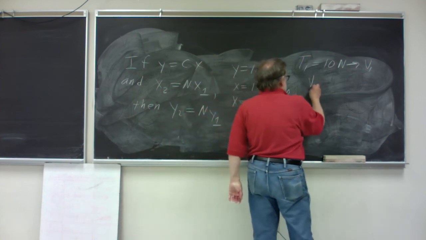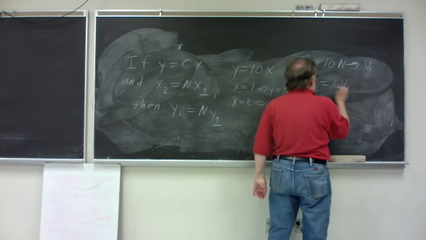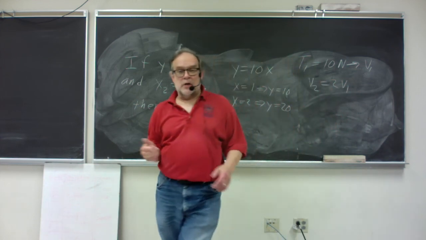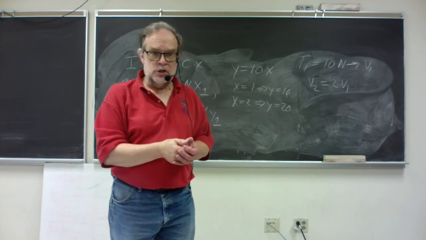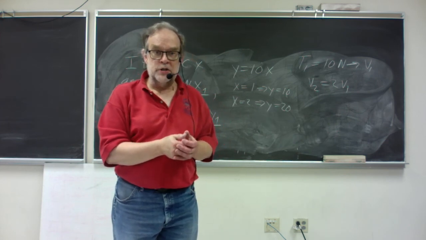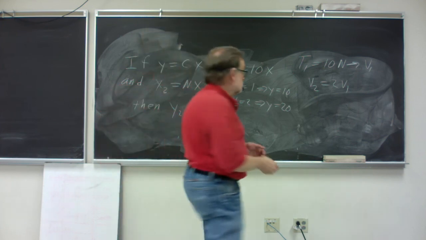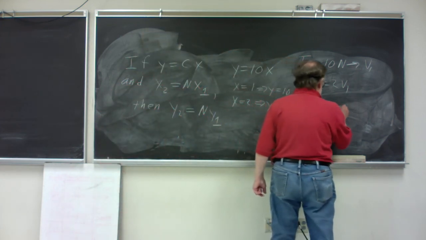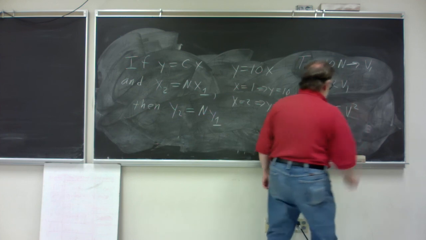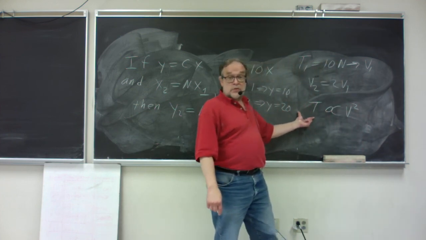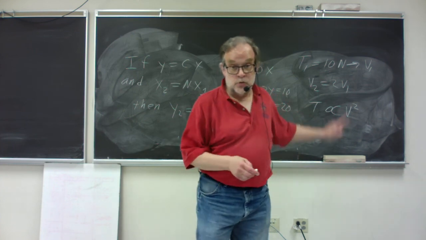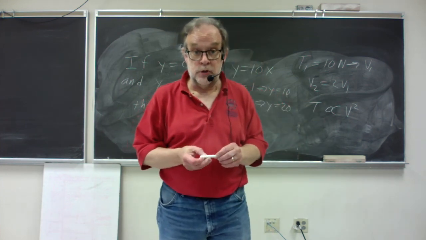That is, the new speed is twice the old speed. Speed changed by a factor of 2. But I know that tension is directly proportional to speed squared. So, however this variable changes, the other changes by the same factor. That's what it means for those two things to be proportional to each other.